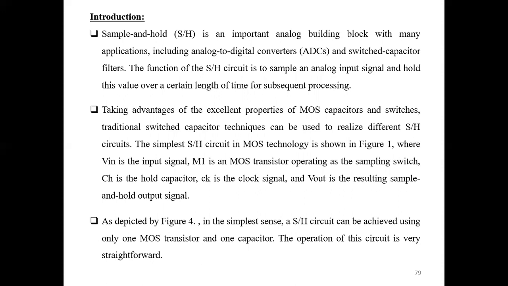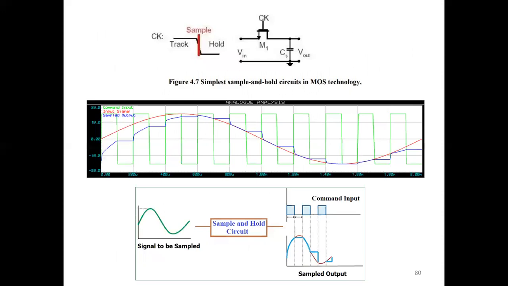The function of the S and H circuit is to sample the input signal and hold the value for a certain length of time for subsequent processing. These are the circuit diagram and the connections of the sample and hold circuit. The continuous signal will be modulated with the different signals, that is the analog to digital converter.